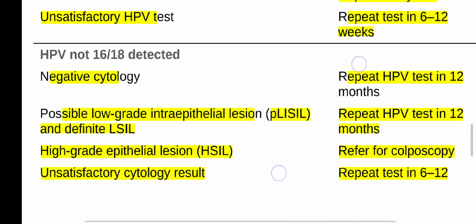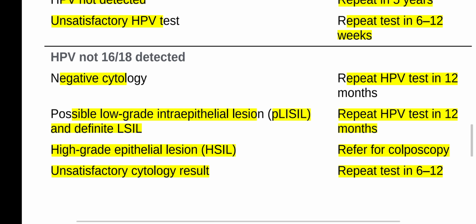We already discussed that in those patients in which HPV is positive, we go for liquid-based cytology, in which we receive the cell cytology results. So a co-test is required if HPV is detected.